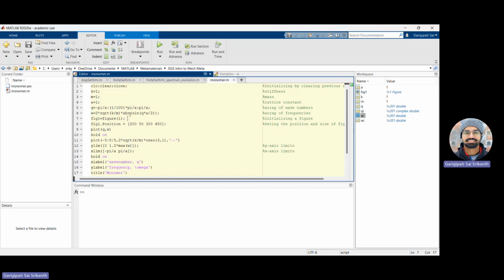I think I didn't elaborate too much on this in the last class, so I thought it was worth mentioning. In figure 1, what is this doing? This is creating a figure, and that opens a window. Then that is assigning that figure a name, figure 1, label.